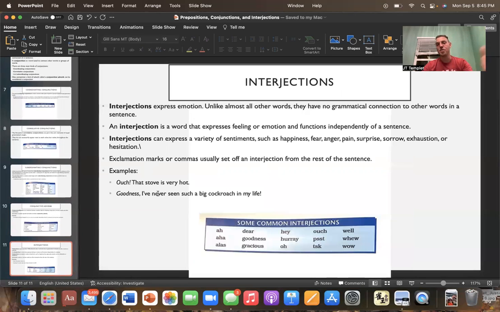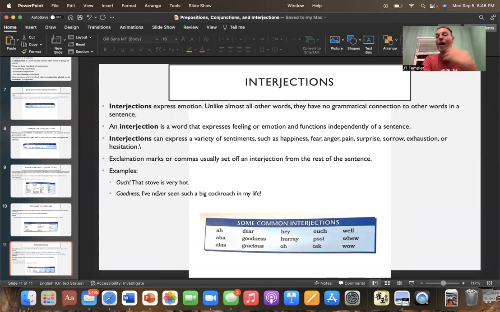Our last part of speech are interjections. They express emotion. Unlike almost all other words in the English language, they have no grammatical connection to other words in a sentence and can stand on their own, right? If I just said, ouch, I don't need to add anything else. You know what I'm talking about. An interjection is a word that expresses feeling or emotion and functions independently of a sentence.